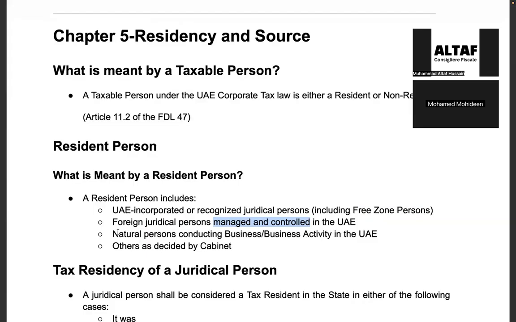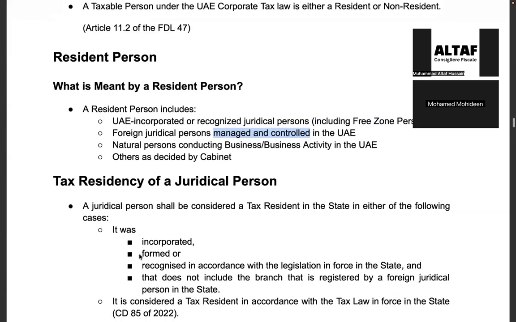Natural persons doing taxable business can be resident persons if they are originally residing in UAE and conducting business activity in the UAE, and others as decided by cabinet, which is a continuing provision. So this was the broad definition of the resident persons.